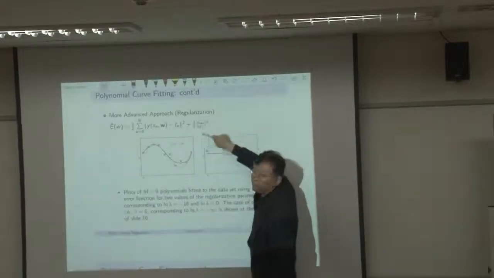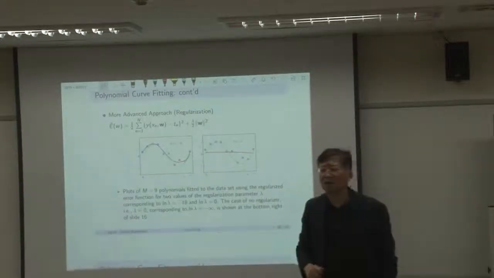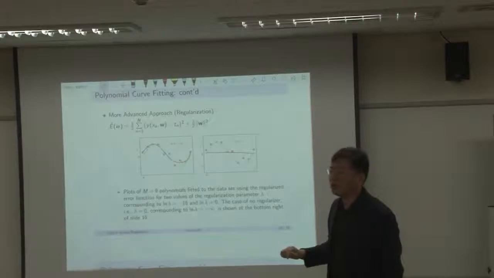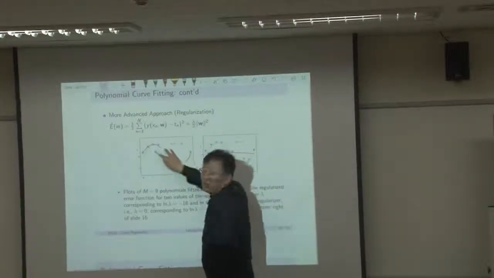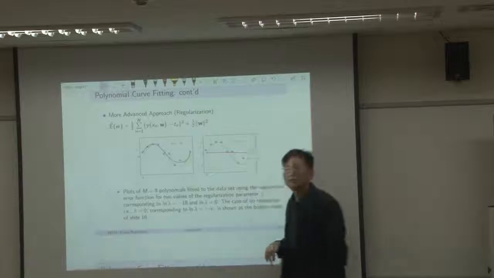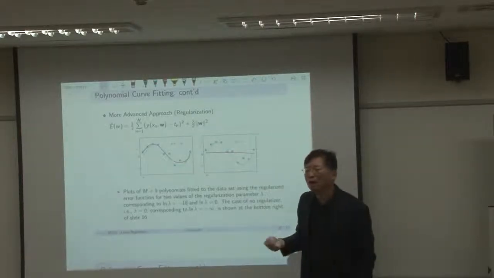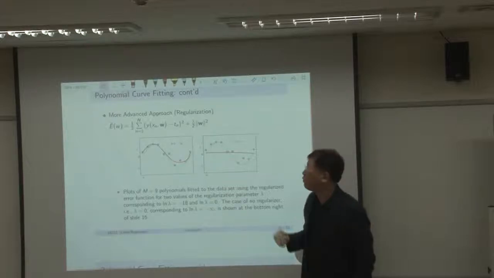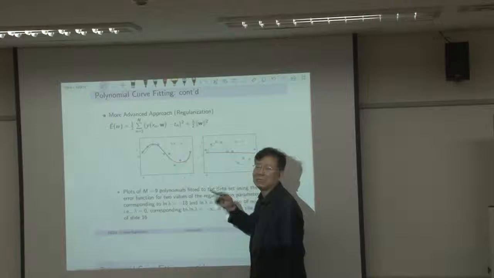The regularizer is taking over, and this is like underfitting. So just a little bit of regularizer can help you, but if you go too far, even lambda equal to 1 gives you that.